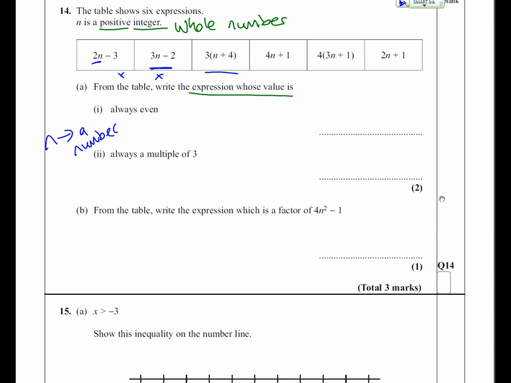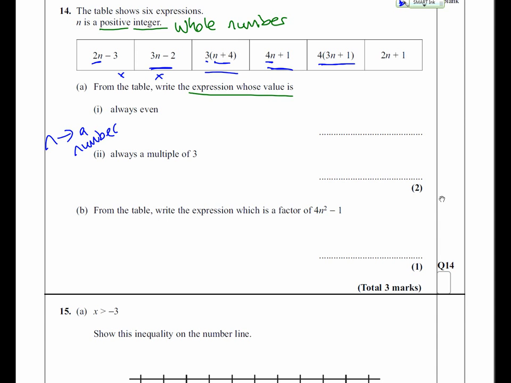Next one, 3 is an odd number times something, which is going to be odd or possibly even. This one is going to be an even number from 4 times a number, add another, so that's going to be odd. This one is going to be 4 times 3n plus 1. Interesting one.